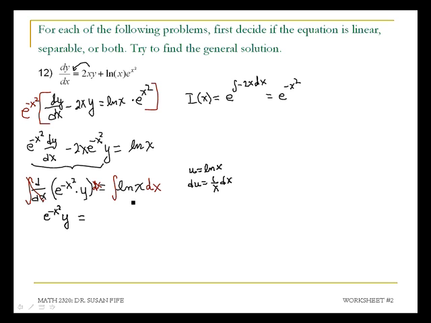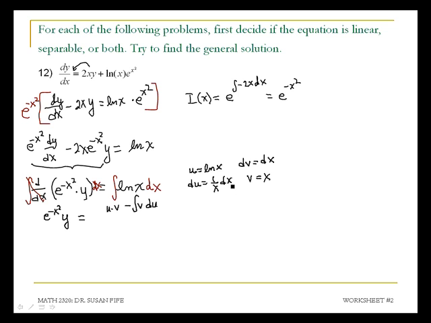And this doesn't work because you don't have the x in the denominator to accommodate that 1 over x. But you could try integration by parts, where you let dv equal dx and then v is equal to x, where this will give you u times v minus the integral of v du.